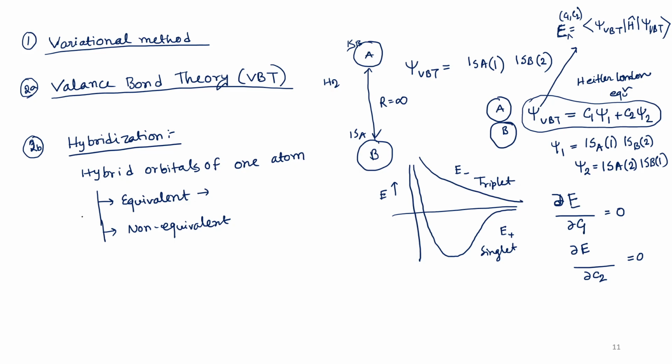Suppose, what I'm trying to say for BF3, I'll start from the beginning. For BF3, the hybrid orbitals are sp2, right?